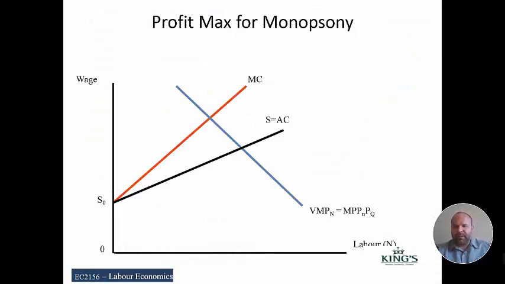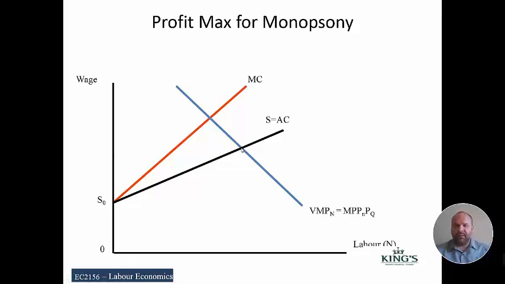Okay, so let's look in more detail at the profit maximizing condition for a monopsony. Okay, so we have our value of marginal product. So this is the marginal product of labor times the price. We have our supply curve. So our competitive equilibrium wage would be here.